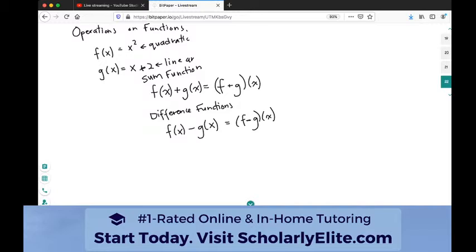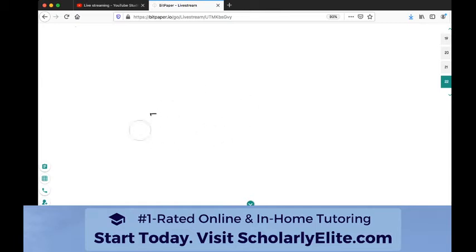Now, it's also really important that you keep in mind that these matter in terms of which letter goes first. So I'll show you what I mean. So say we have f of x equals 4x plus 2 and g of x equals x minus, let's just do 3.